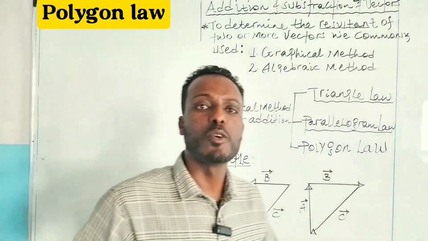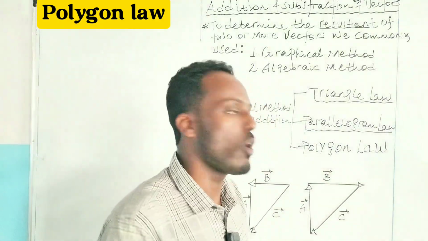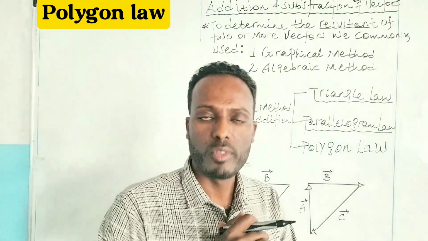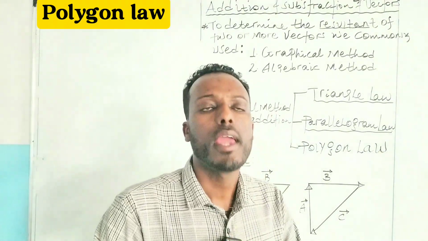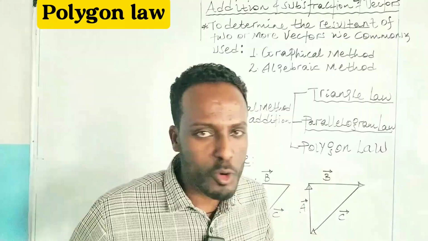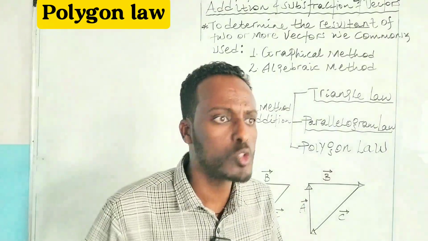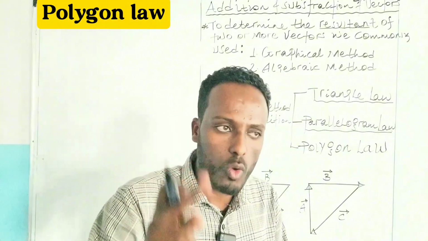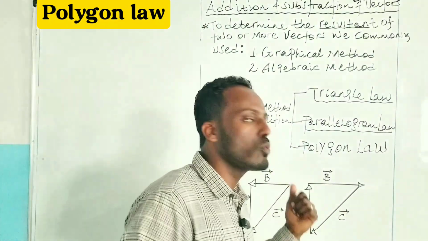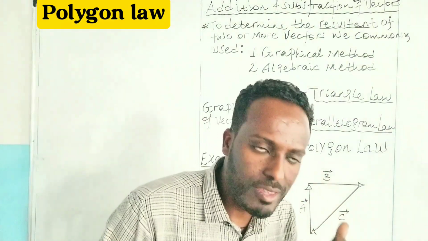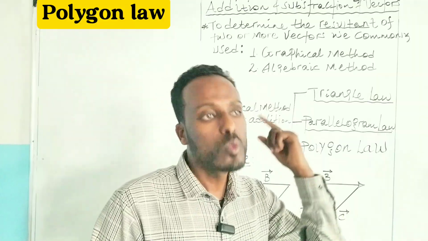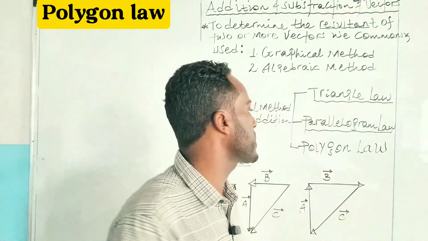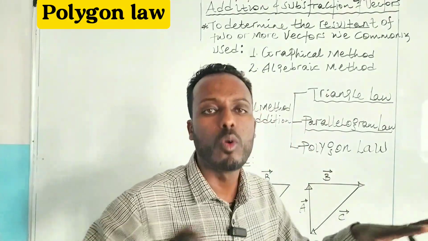Okay, in the case of the polygon law of vector addition or scale diagram, we have to connect all the vectors head to tail in any order, by ensuring the directions of all the vectors are correct. And then the arrow drawn from the tail of the first vector to the head of the last vector represents the summation of all the vectors.